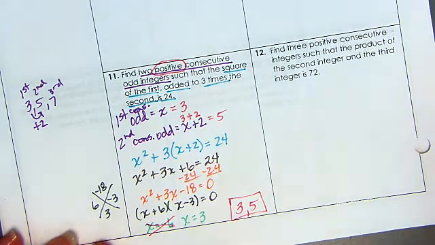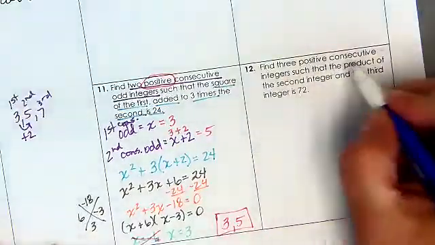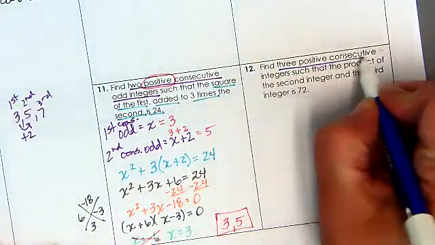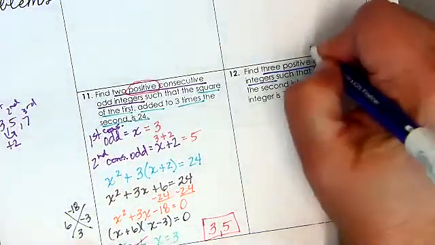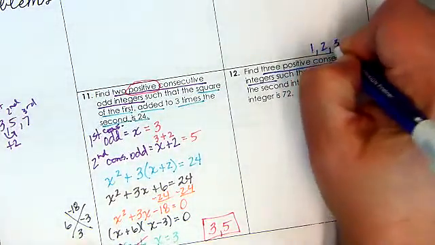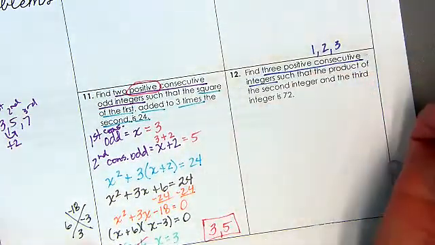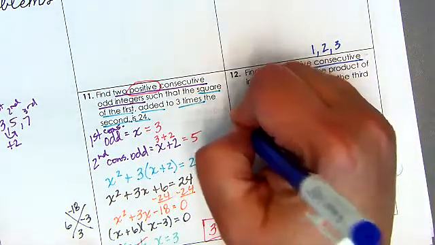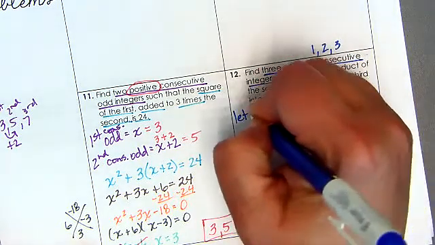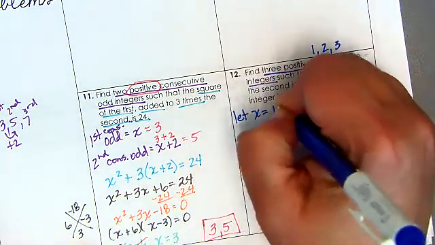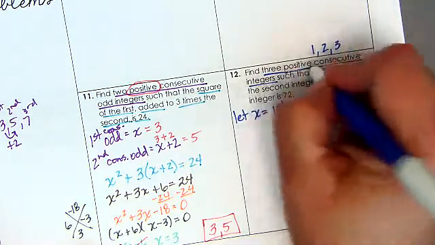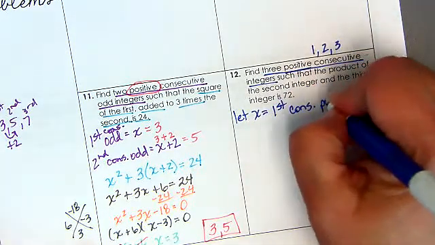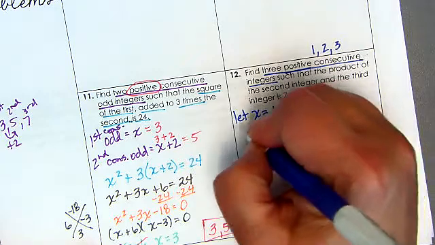Looking at 12. Find 3 positive consecutive integers. That means they're just one after another, like 1, 2, 3, but I don't know what they are. So we're going to let x equal the first consecutive positive integer.